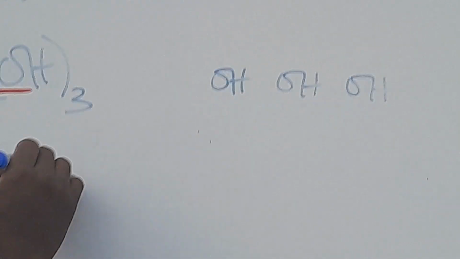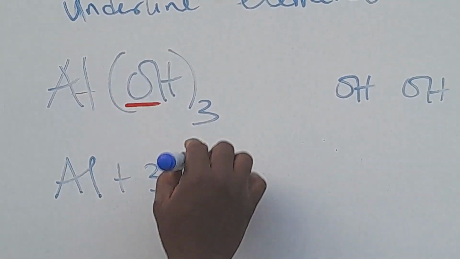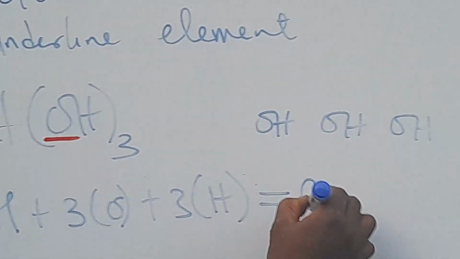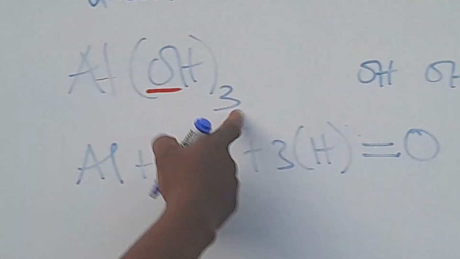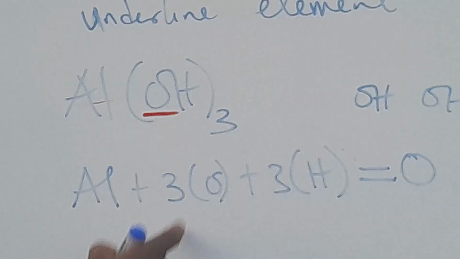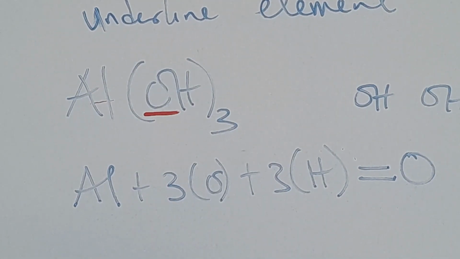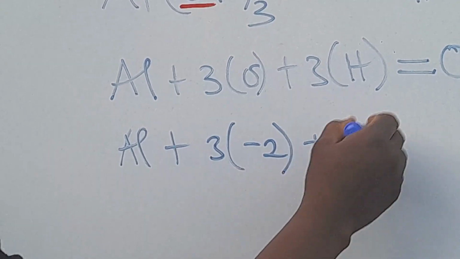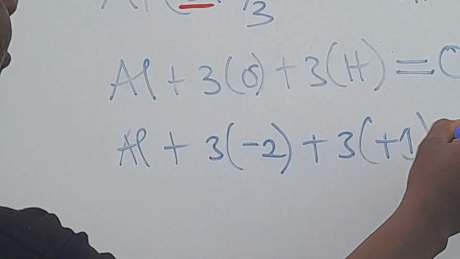So I'm going to have 3 atoms of oxygen plus 3 hydrogen, everything equals 0. Or you can multiply it, 3 times 1 is 3. We remember that aluminium plus 3 oxygen is minus 2, plus 3 hydrogen is plus 1, equals 0.